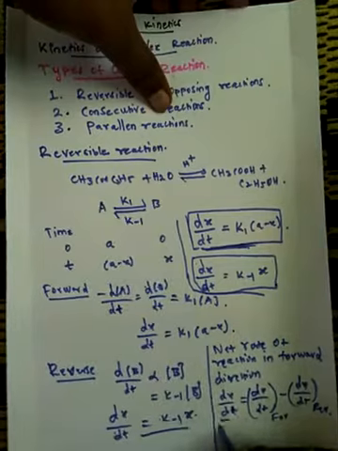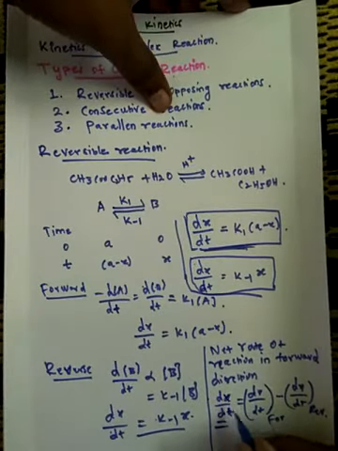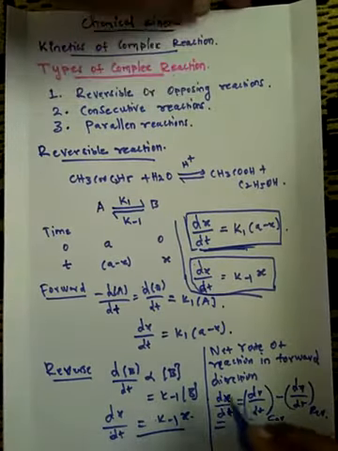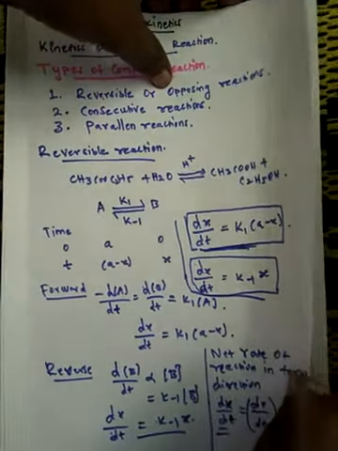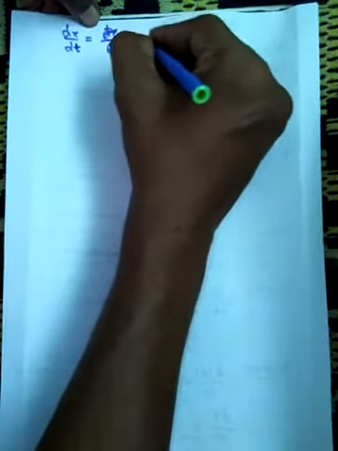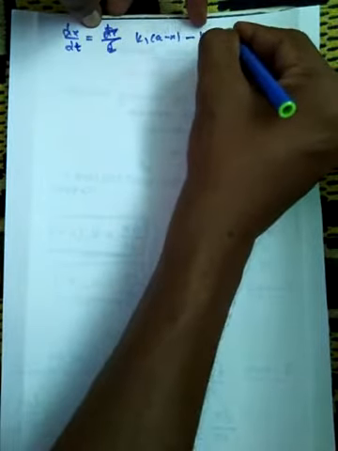This will give the net rate of the reaction in the forward direction. So that is written as dx by dt equal to k1 (a minus x) minus k inverse x.